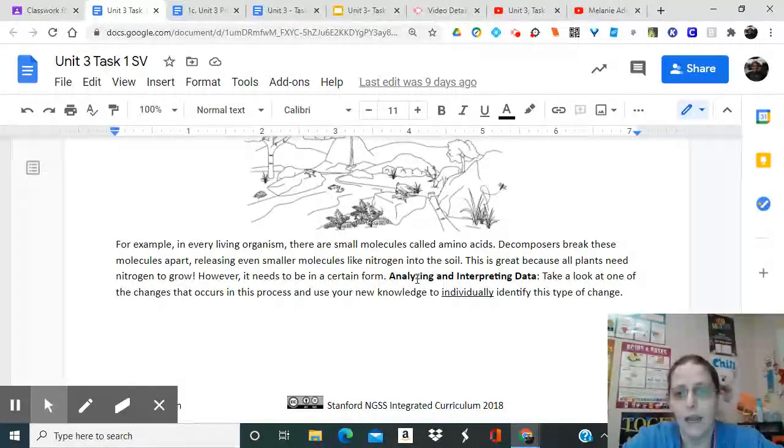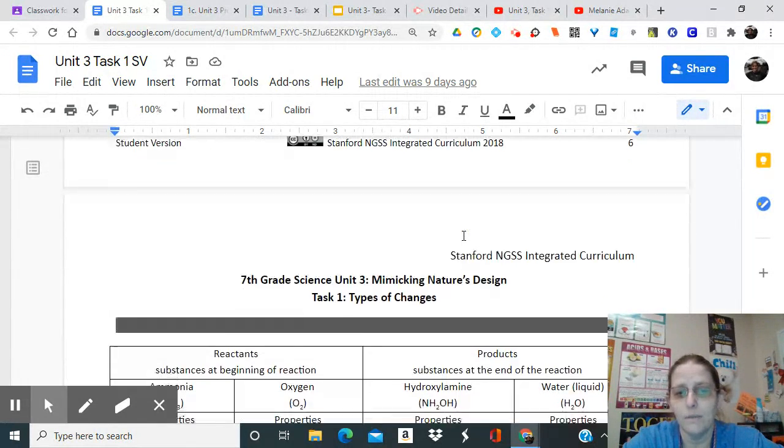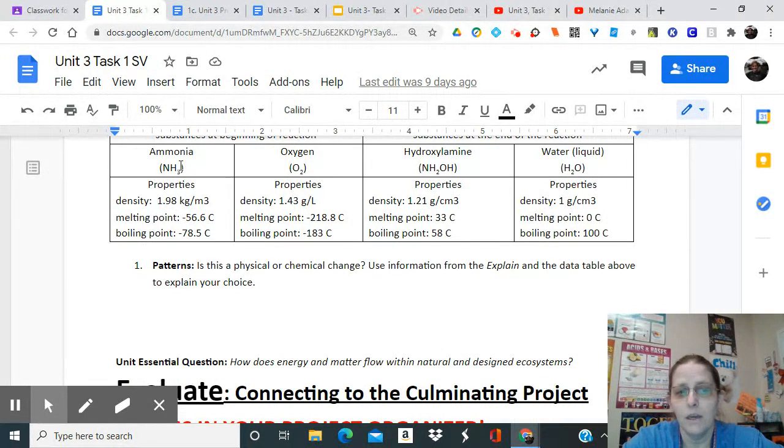Okay? You're going to analyze the data table. All right. And you're going to tell me individually because I need to know that you understand this concept. All right. You're going to tell me, is this physical or chemical and why using evidence from your data table and evidence from our activity in the explain section and your reasoning.